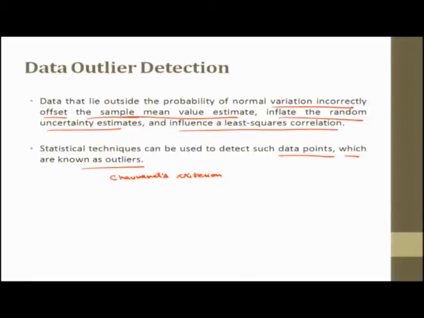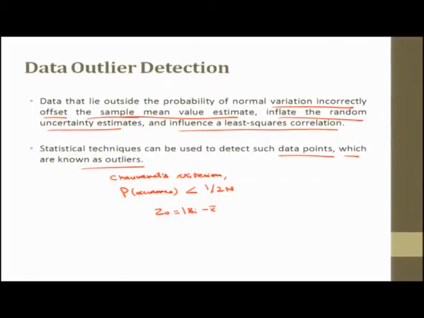This identifies the outliers having probability of occurrence less than 1 by 2n. To apply this criterion, we need to just find the value of z naught, which is equal to the modulus of xi minus mean, as we did before.